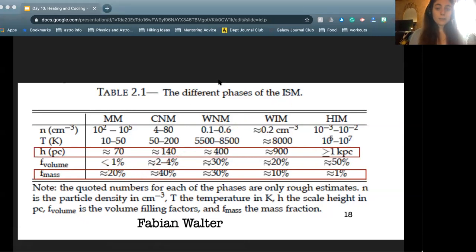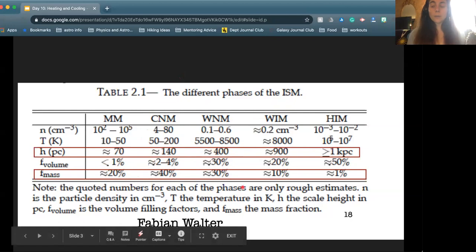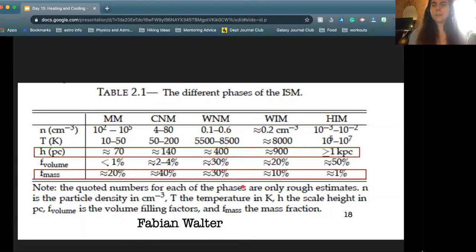We then have the cold neutral and the warm neutral medium. The cold neutral is going to be the more diffuse gas, with lower densities and low temperatures. The warm neutral is going to be the PDR layers that we talked about last Tuesday.